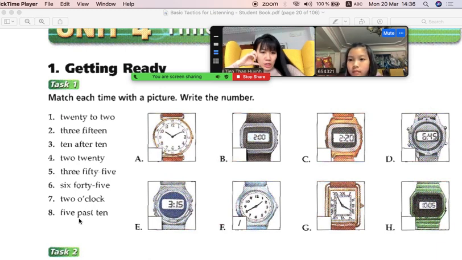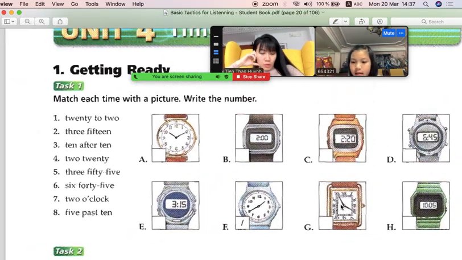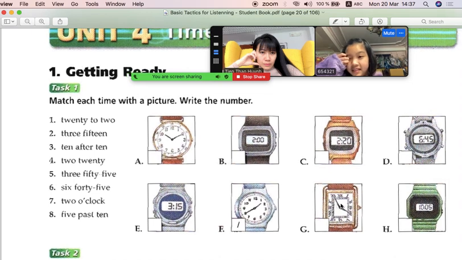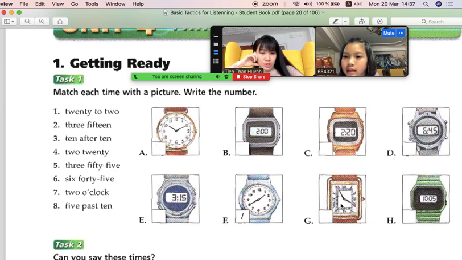Is it correct, G? 5 past 10. Is it G? No, it isn't. Which one? H. It's H, yes, correct.